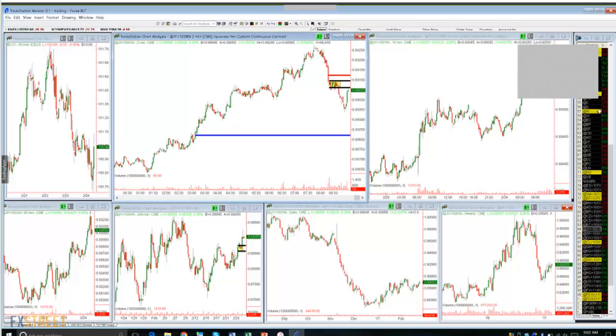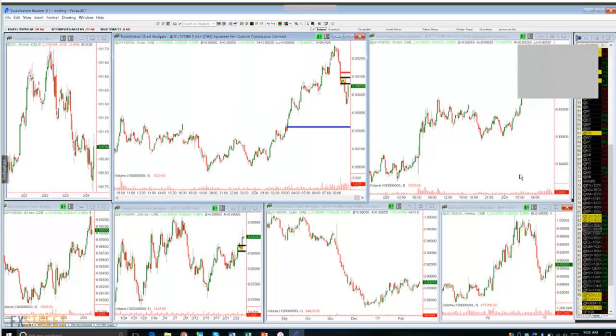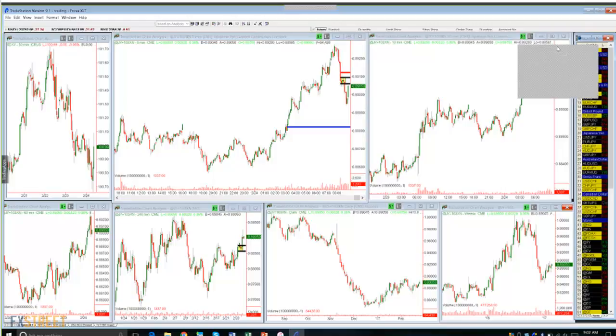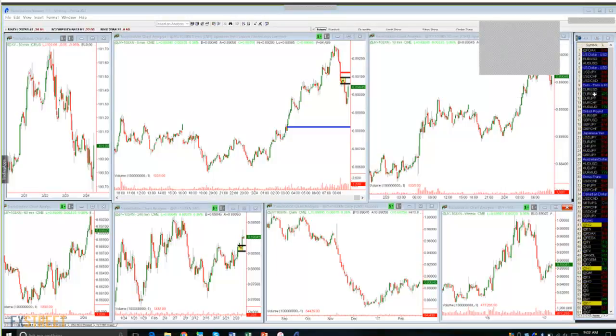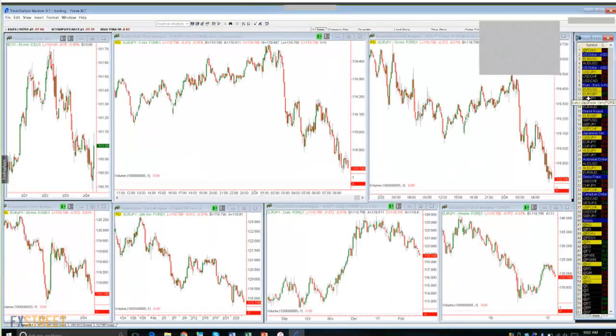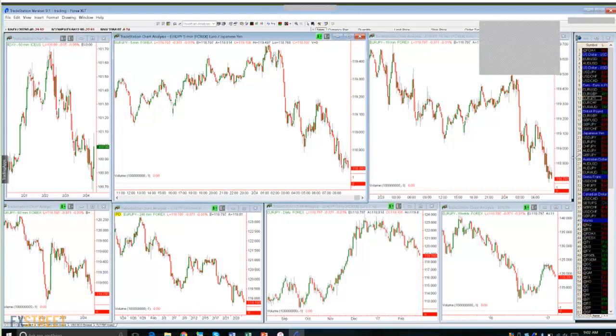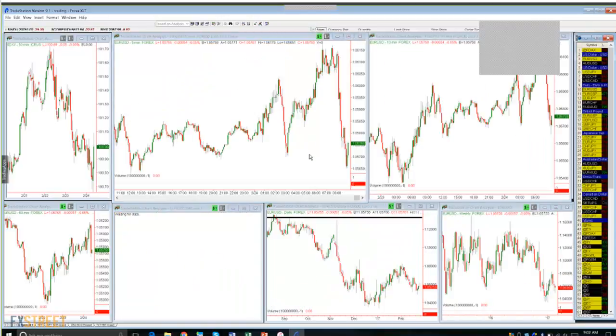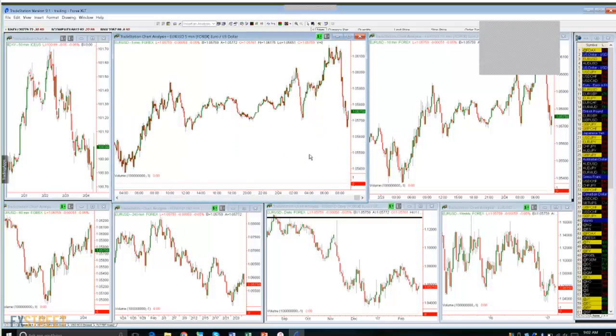Let's look at the same area in the spot. And you should be able to see it pretty clearly. Whoops, wrong market. There we go. Okay, yeah, so same thing there in the spot.